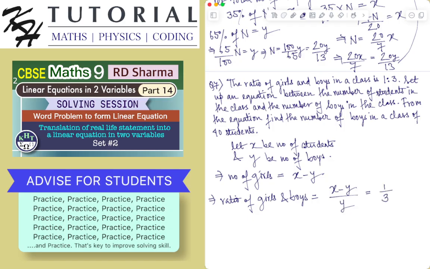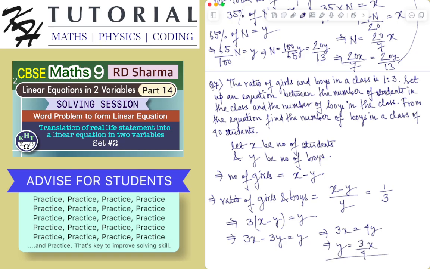So we get (x minus y) by y is 1/3. Clearly, doing cross multiplication, we will get 3 into (x minus y) is equal to y. Expanding the LHS, we have 3x minus 3y is equal to y. This implies 3x is equal to 4y. This implies y is equal to 3 by 4 x.